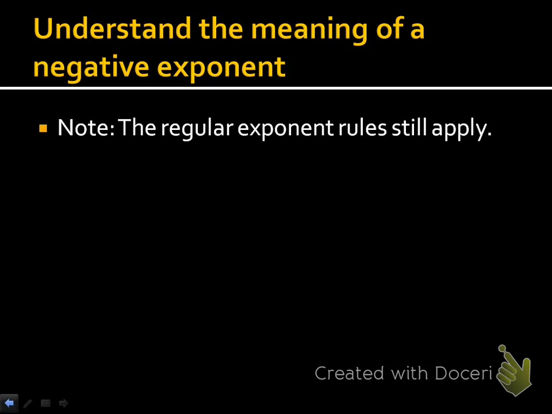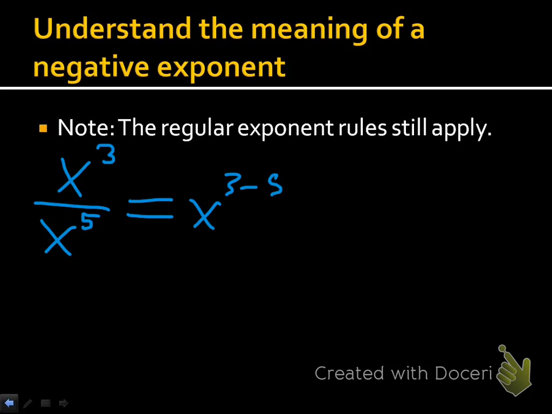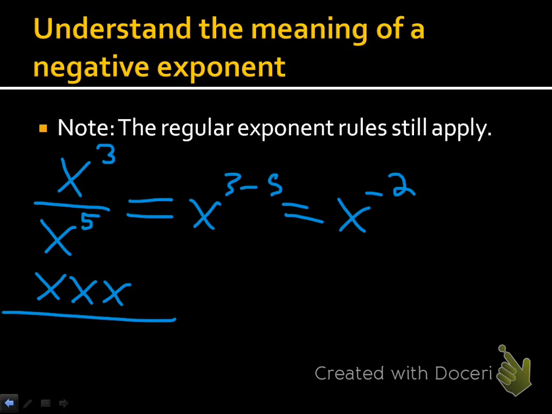Let's first understand this. Let's look at something that we touched on last section, but did not actually fully explain. If I have x cubed over x to the fifth, and I use my subtraction rule, this is x to the 3 minus 5, which equals x to the negative 2. Well, that doesn't really have meaning to us yet, but I think I could write x cubed as x times x times x, and x to the fifth as x times x times x times x times x.